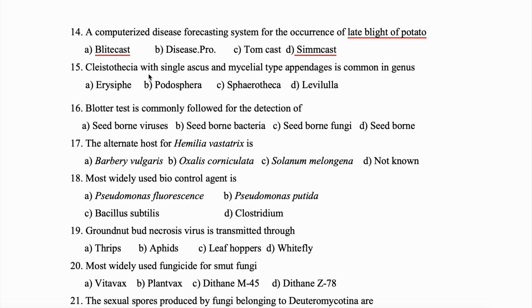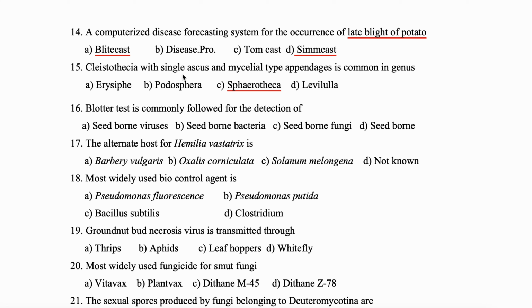Next, cleistothecia with single ascus and mycelial type of appendages is common in genus. It will be Sphaerotheca. You know, all these are the genera of powdery mildew, right? And they are having fruiting body, that is cleistothecia. And the genera of powdery mildew are classified on the basis of the type of mycelial appendages.